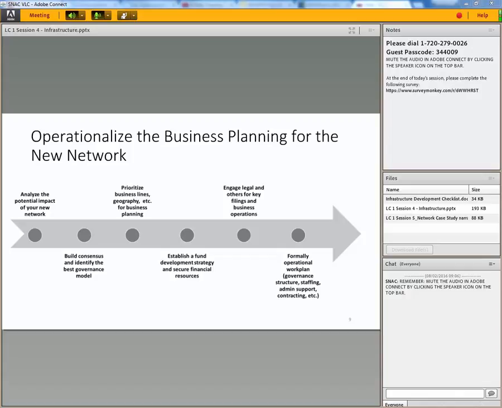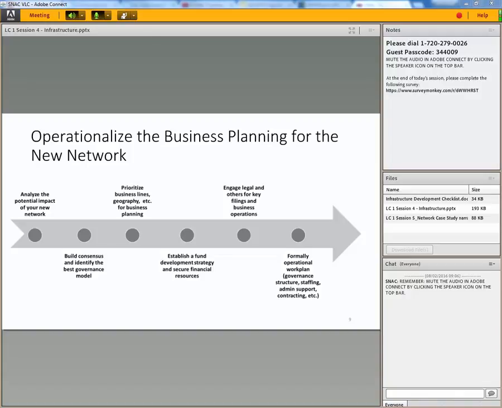One of the biggest challenges that new networks will face is that they'll find a very significant requirement to make capital investments that often aren't repaid until the network has operated for a period of time. So identifying the ways to essentially get those capital investments paid for is critically important.